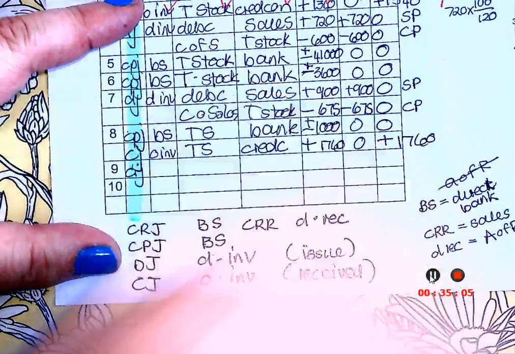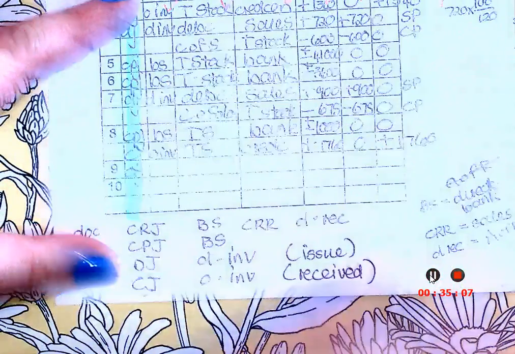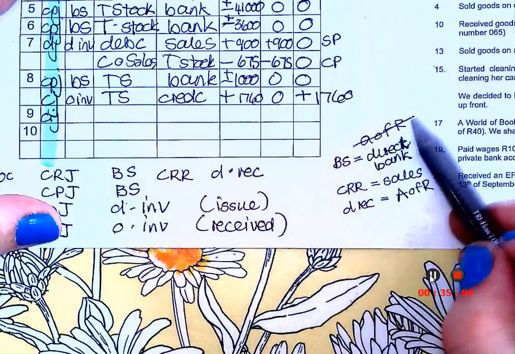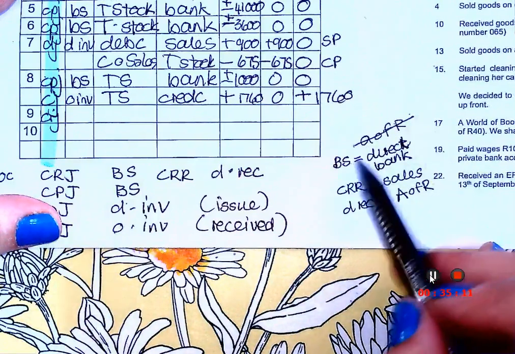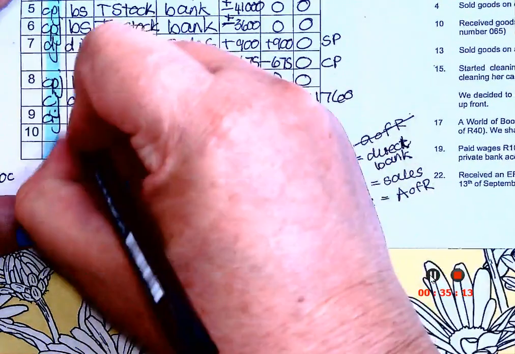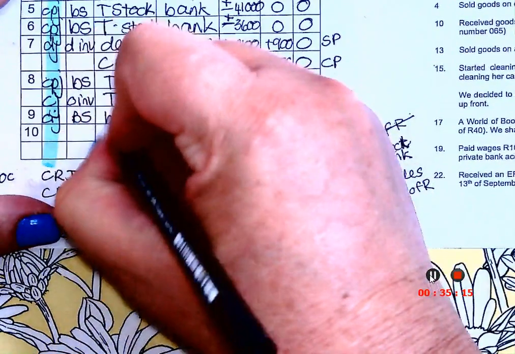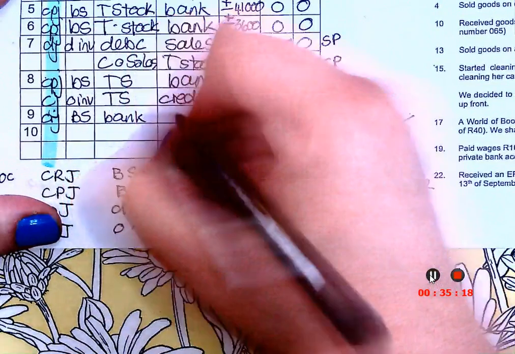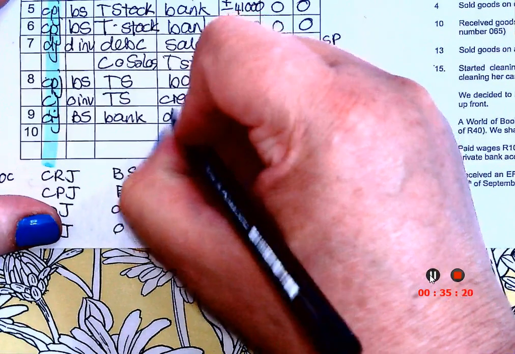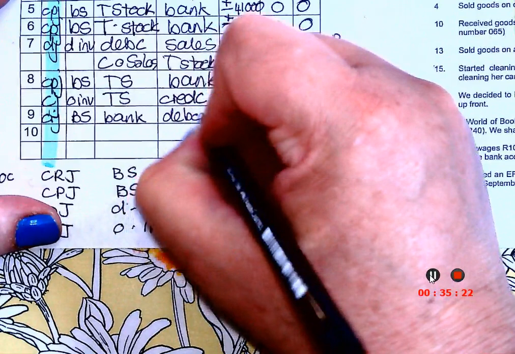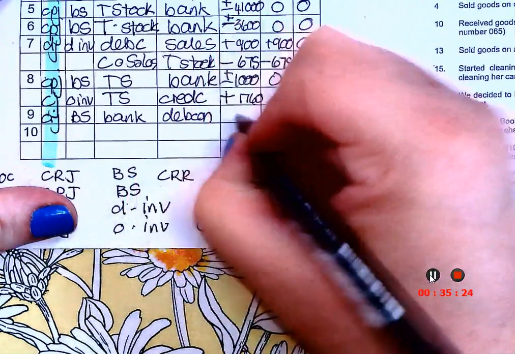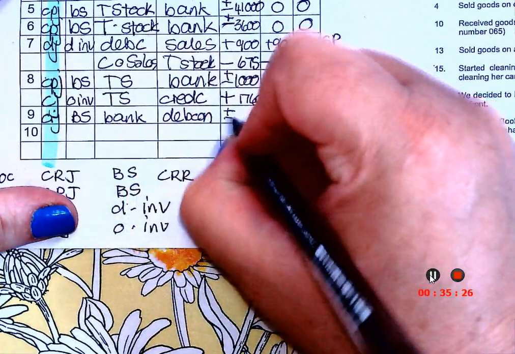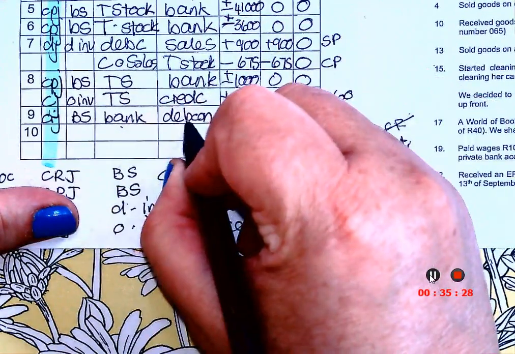So meaning I'm not going to use analysis. So it's going to be bank statement. And bank will be debit. Debtors control will be credit. Plus minus, because both are assets. And they say what she bought on the 4th.